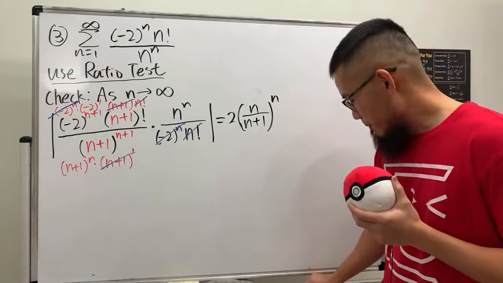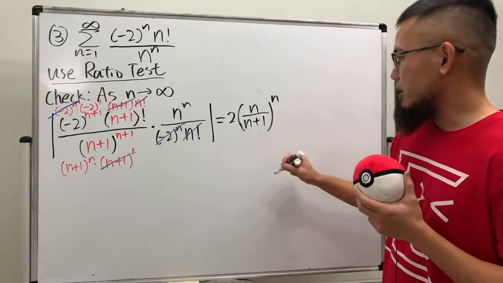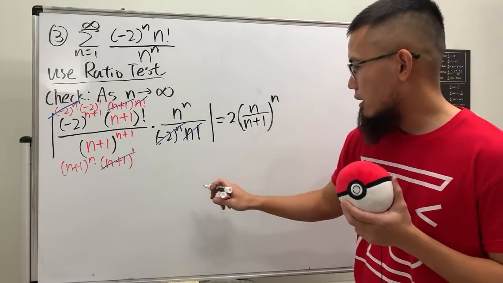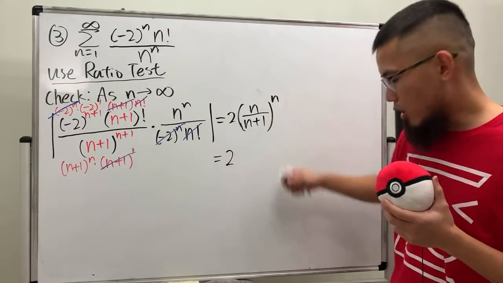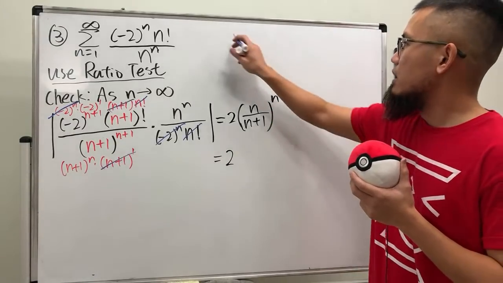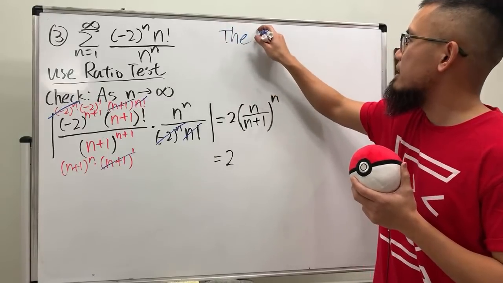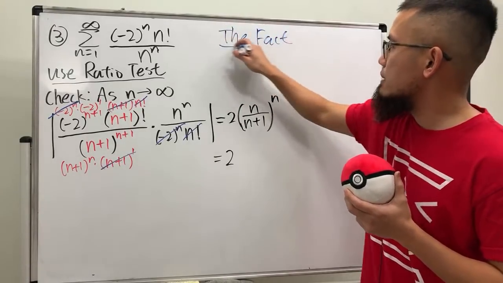Check this out. What we are going to do first is this right here. I'm going to just write it down here, web 2. I'm going to do the reciprocal, and the reason is because if you guys look at the fact that I have for you guys.